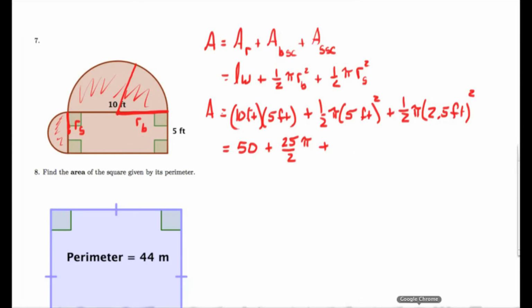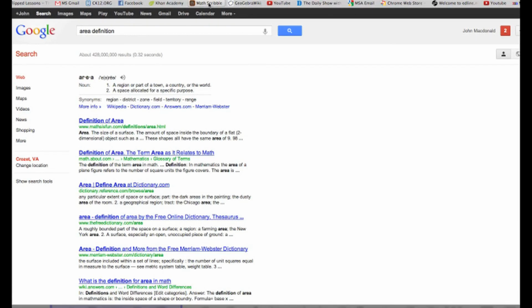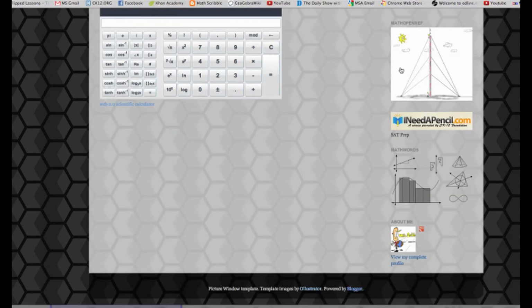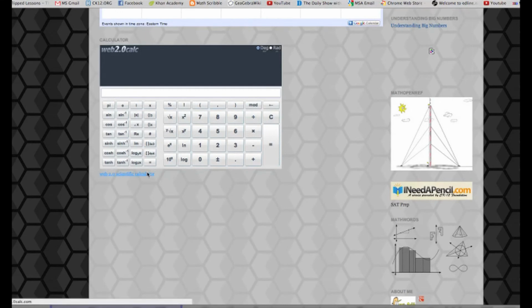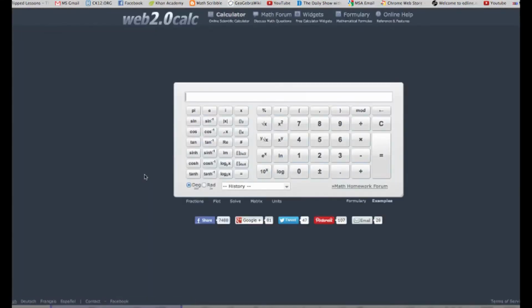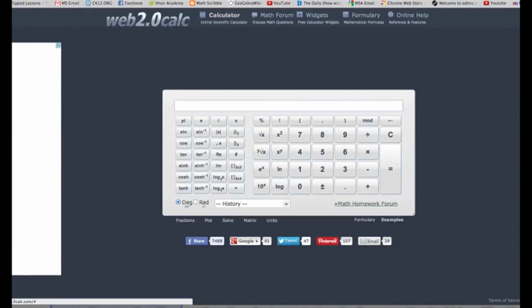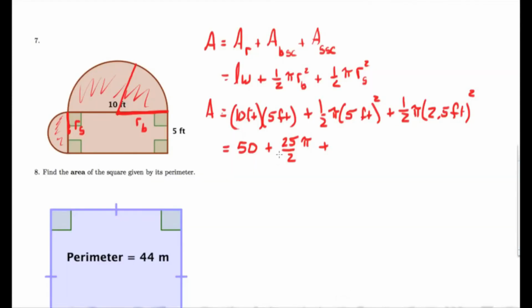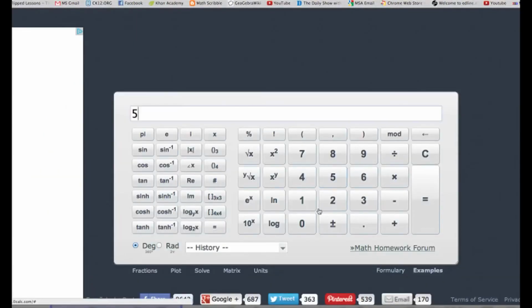So we can do this all in one place. So let's go to my calculator here. So we've got 50 plus 25 divided by 2 times pi. And let's see, pi is right here.